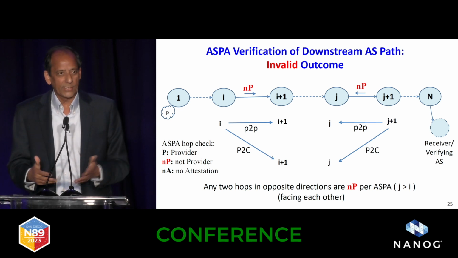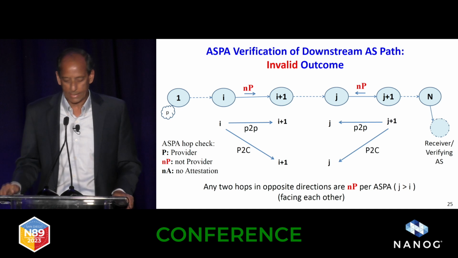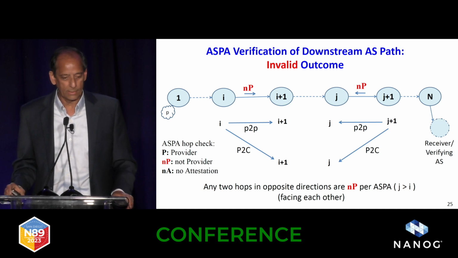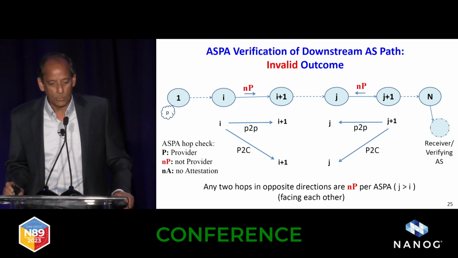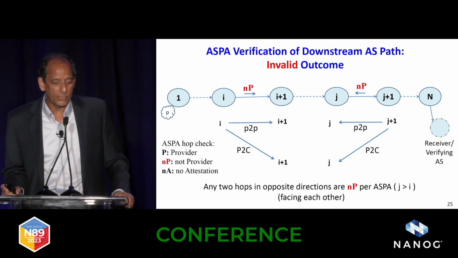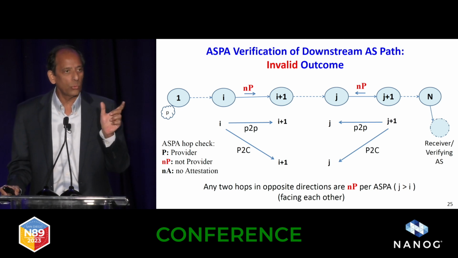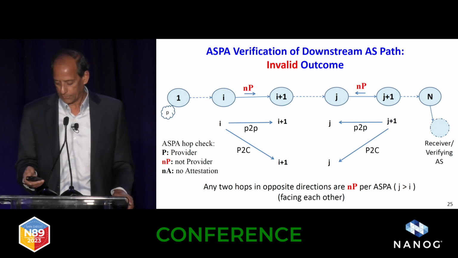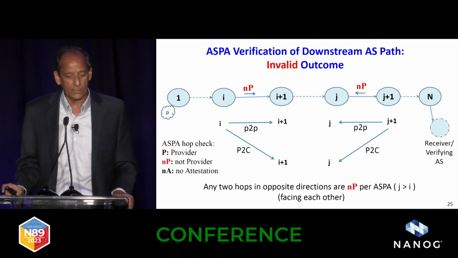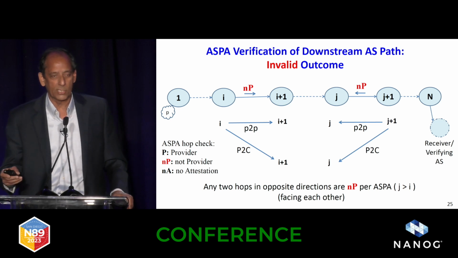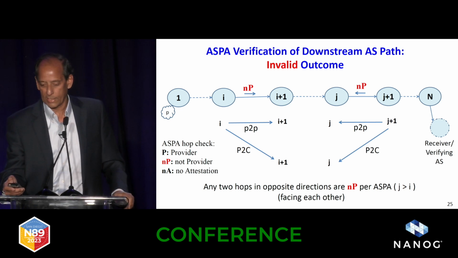So that is the classic definition of a route leak, and therefore the path would be determined as invalid. So essentially the ASPA is used to determine whether or not this happens. If it does happen, only 2 hops are enough to tell that it is a route leak. So if for any 2 hops with j greater than i, this turns out to be true, then this is a route leak.